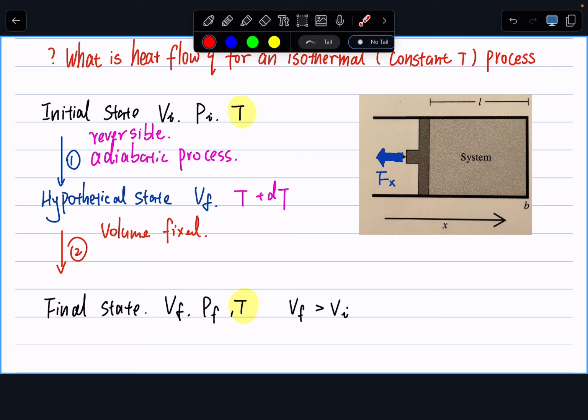So we have W1 equals the integral of negative PdV from V initial to V final. And since we know PV equals nRT, we can write it as the integral from V initial to V final of negative nRT over V dV.